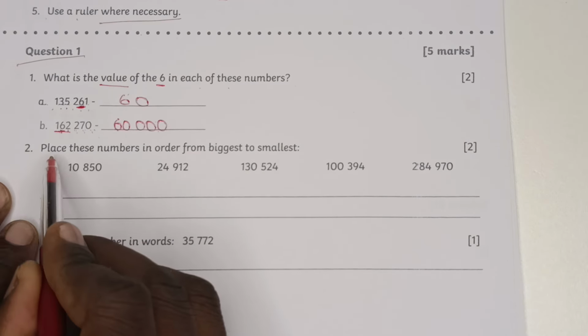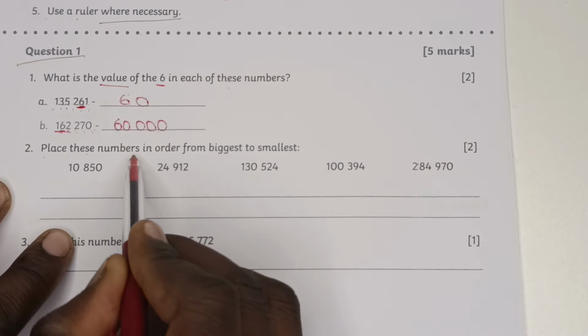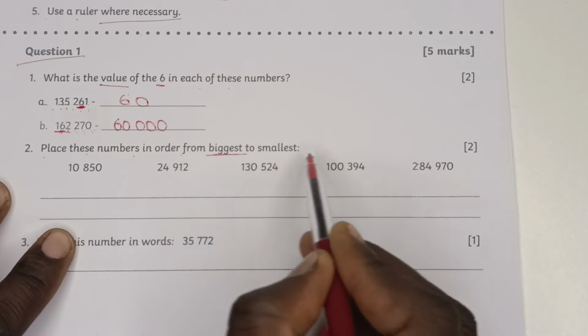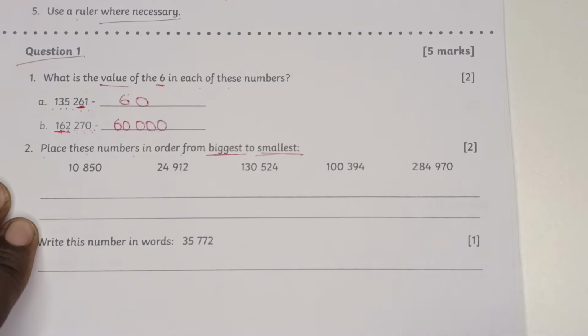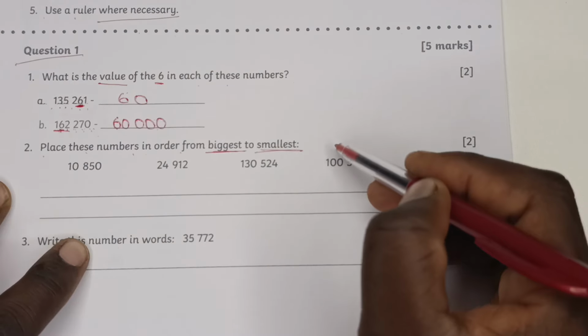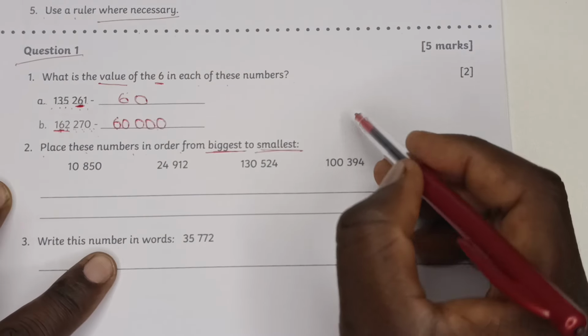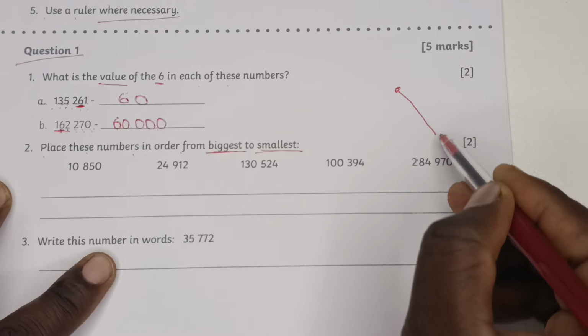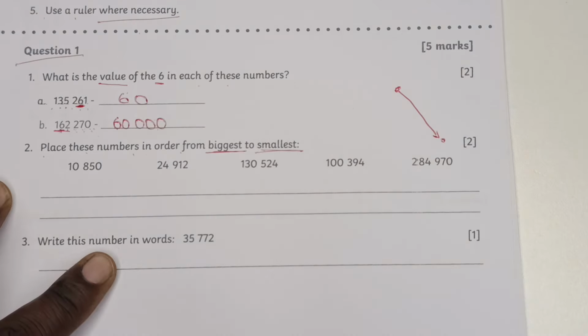Okay, question 2 says, place these numbers in order from the biggest to the smallest. So it means here we start from the biggest, we go down to the smallest number.